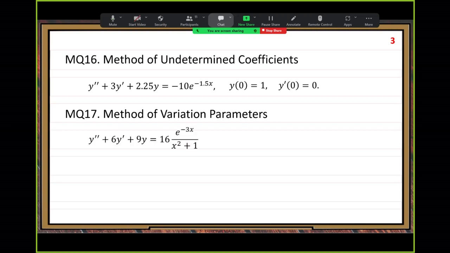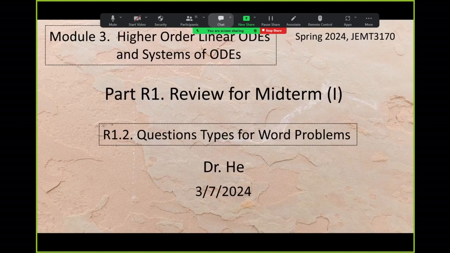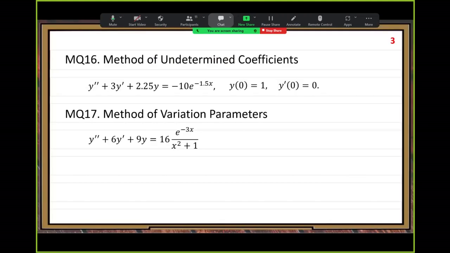When we use formulas, we need to know the basis for the homogeneous solution first. We need to find the basis of the homogeneous solution, y1, y2. Then determine the u, v functions, right? We have formulas for the u, v functions, and we need to calculate the Wronskian of y1, y2.